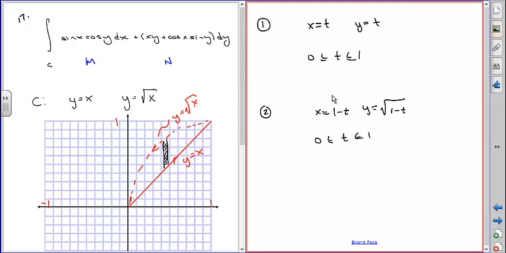So for the first part, dx is equal to 1 dt and dy is equal to 1 dt.